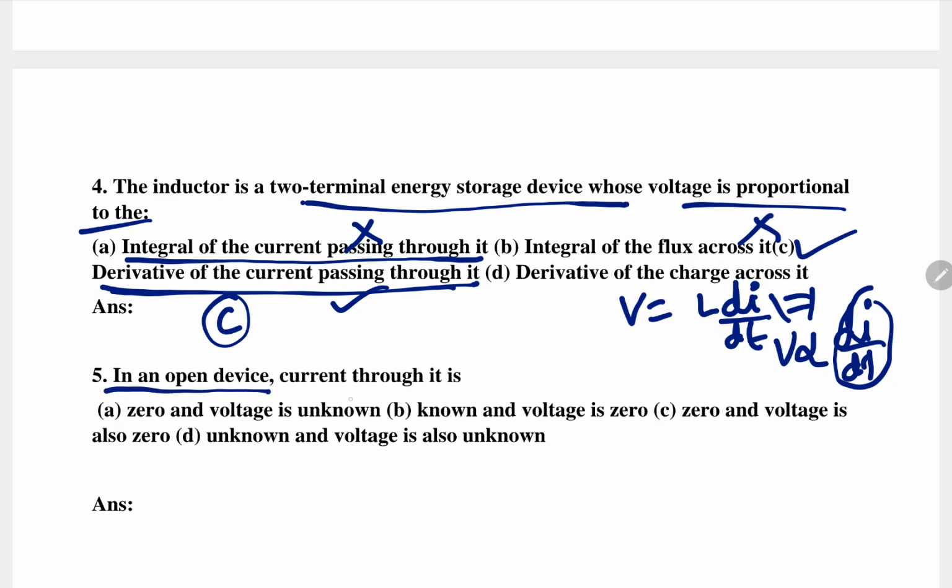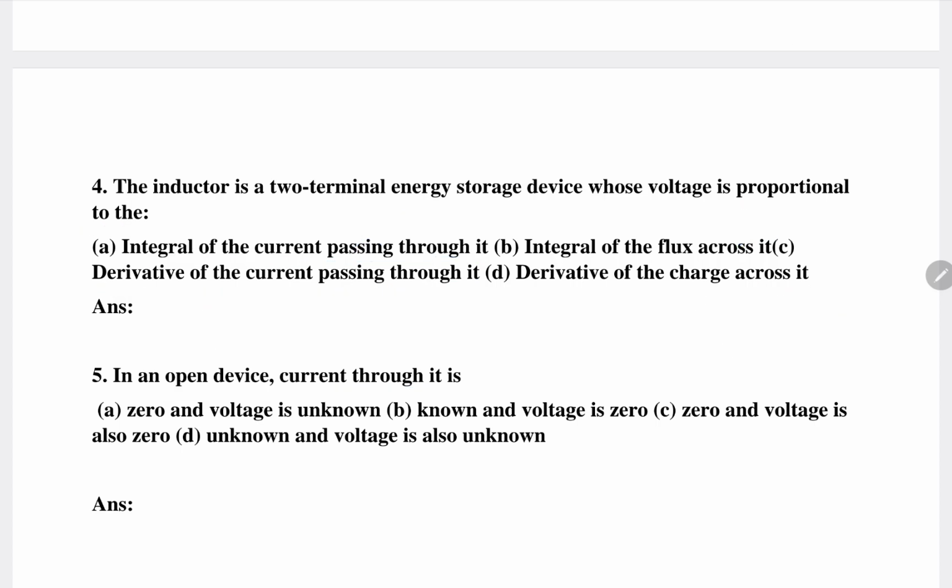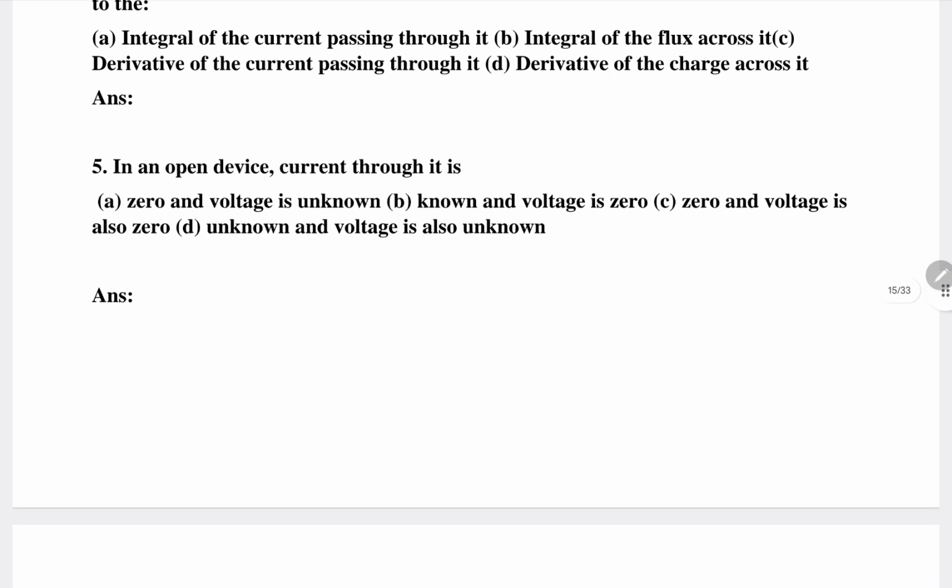In an open device, current through it is. So here we are discussing the open circuit. Open circuit means there is no closed circuit, so current is going to be 0, and some voltage will exist, but we don't know the voltage.